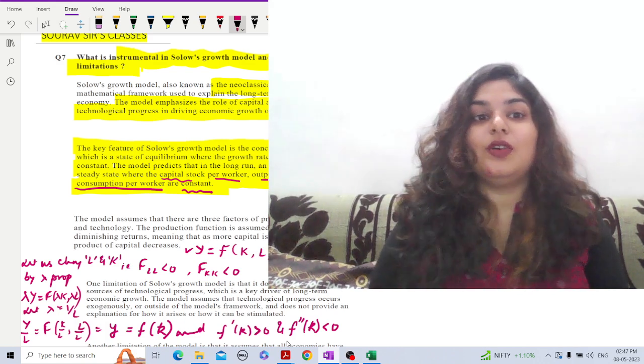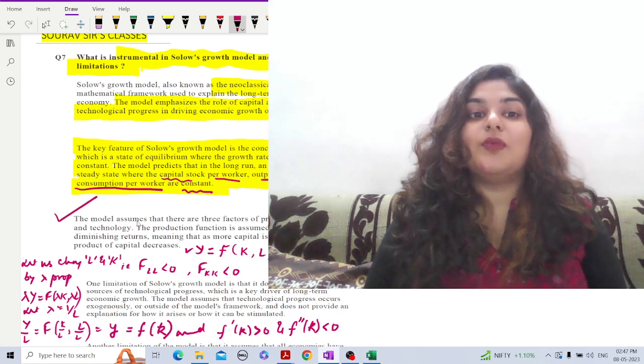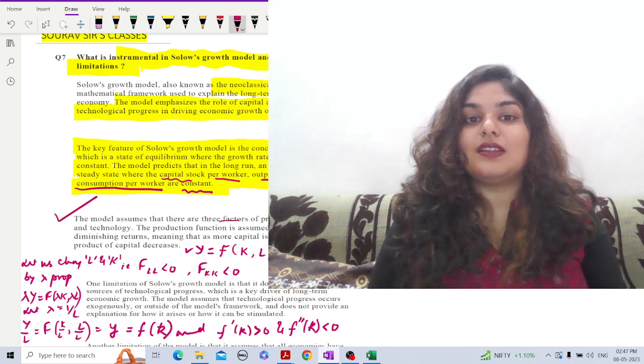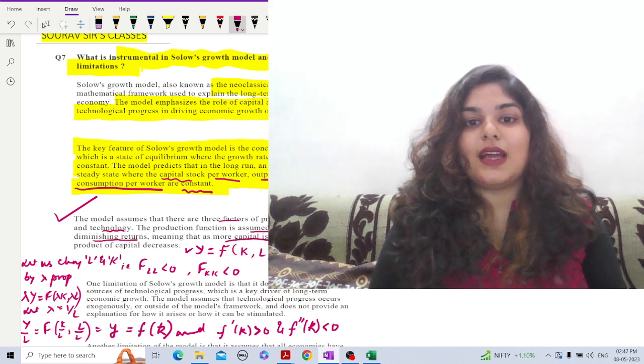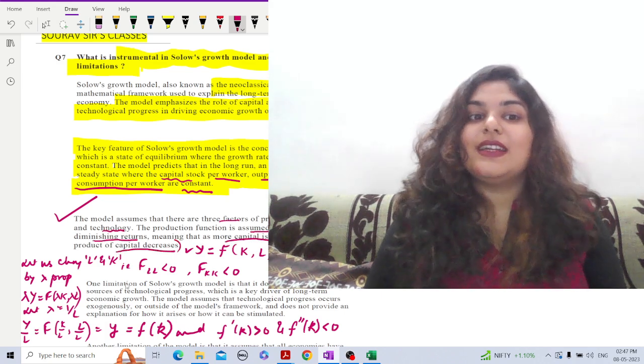So if we have a look at it, the model assumes that there are three factors, that is labor, capital and technology. Now the production function is assumed to be subject to diminishing returns, meaning as more capital is added, the marginal product of capital decreases.